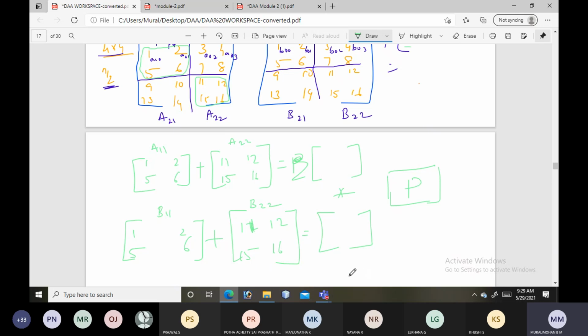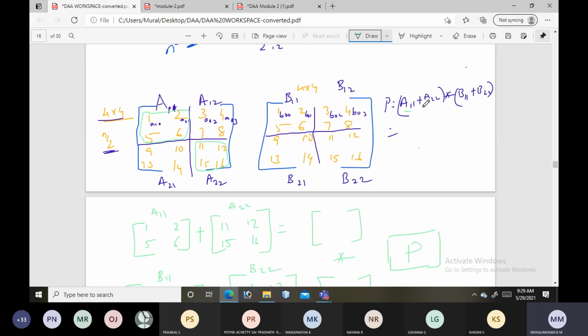Kindly respond, please. Yes, sir. See, the calculation is very simple, but based on these formulas you should calculate. P is saying A11 plus A22. What is A11? When it is 4 cross 4, I am dividing this. When I divide, we will get 1, 2, 5, 6 as a 2 cross 2 matrix. That complete thing we are taking as A11.